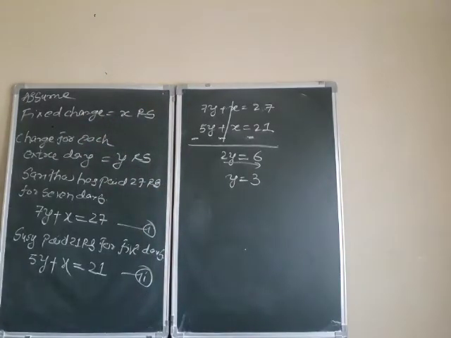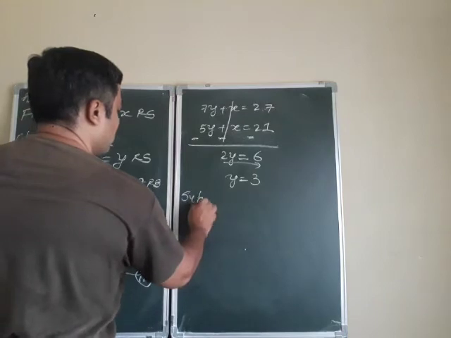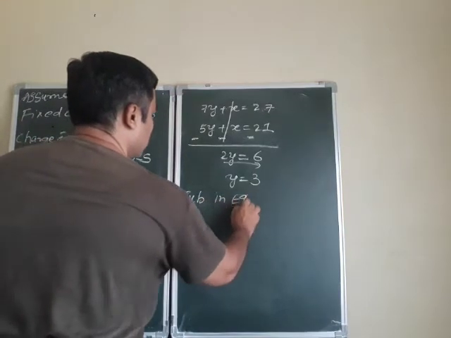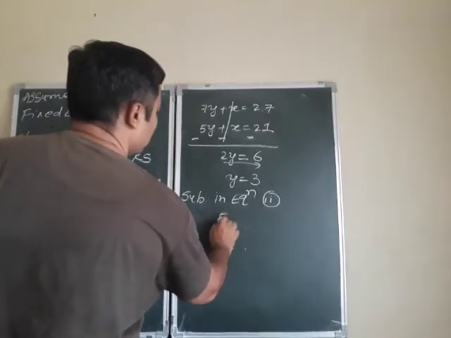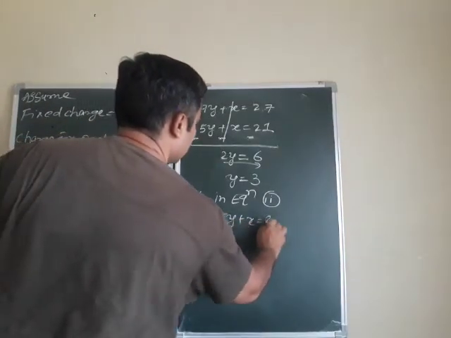Now this y you can substitute in either the first or second equation, and you will get the value of x. Where the coefficients are smaller, we want to substitute in that equation. It would be easy. Here the coefficients are not very high. Substituting in equation 2: 5y plus x is equal to 21.